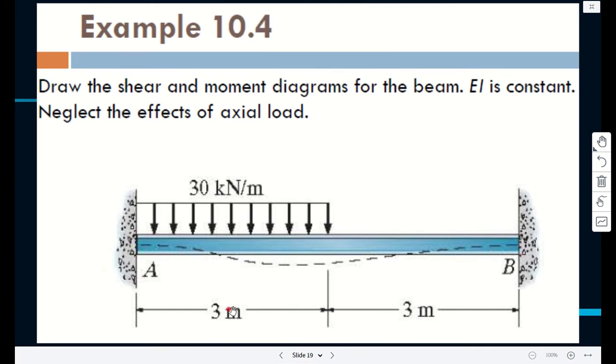You need to participate. And so for those who solved, what is the reaction VA?